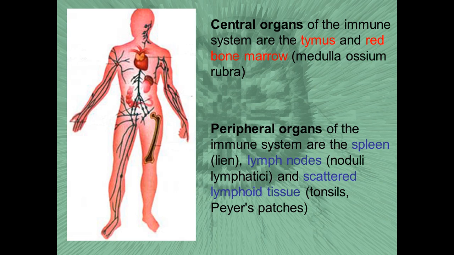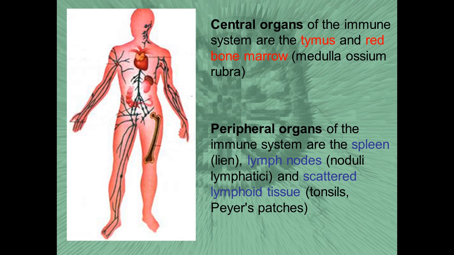Then let's talk about the organs of the immune system. The immune system includes the central and peripheral organs of immunogenesis. Please remember, central organs of immunogenesis are represented by two organs only. This is the thymus and red bone marrow. That's all. All others are the peripheral organs of immunogenesis.